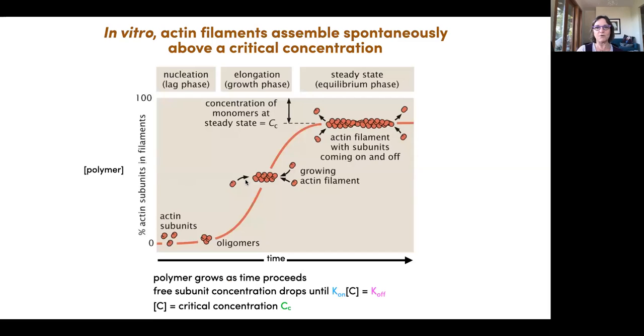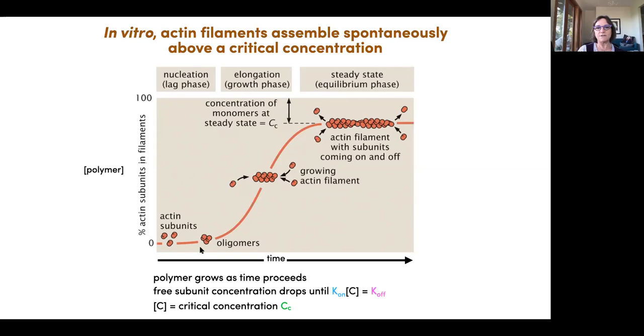All right, so I think I should maybe skip over this in the interest of time, but I'll just show you because it's in every textbook, and so I'll just mention it. I showed you something similar for tubulin, that in vitro, if you take a concentrated solution of actin bound to ATP, at high enough concentration, it can spontaneously assemble into filaments as long as you're above a critical concentration.